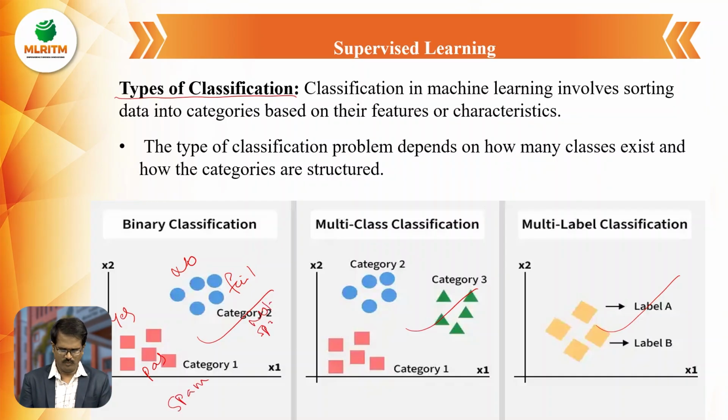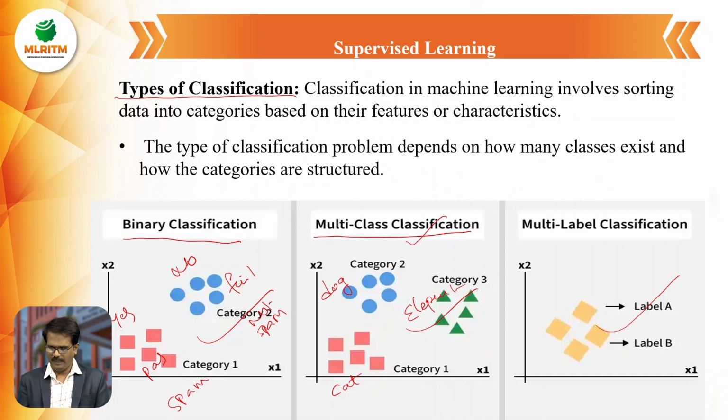Whenever the data has only two types of categories, then we will go through binary classification. Whenever there are multiple classes, suppose previously we considered animal photos. So suppose there are cat images, dog images, elephant images. Then the data is divided into three disjoint groups. Whenever there are three categories, then it is called multi-class classification. Multi-label classification, we will go through this.